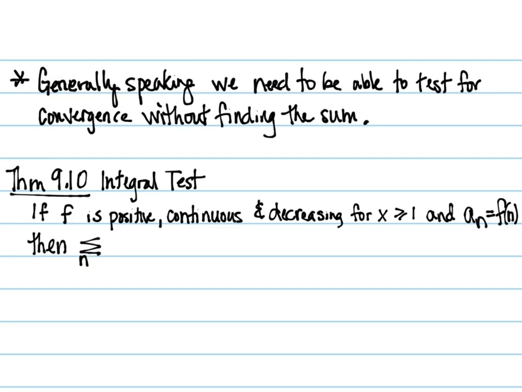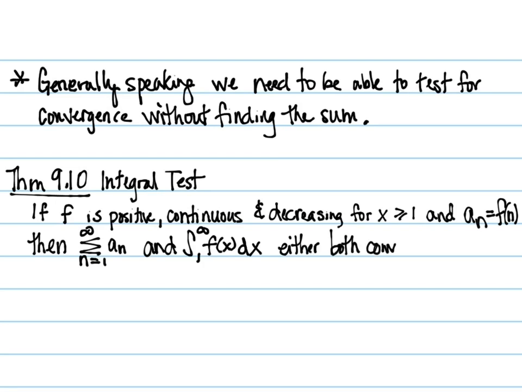then the summation from n equals 1 to infinity of a sub n and the integral from 1 to infinity of f of x either both converge or both diverge.